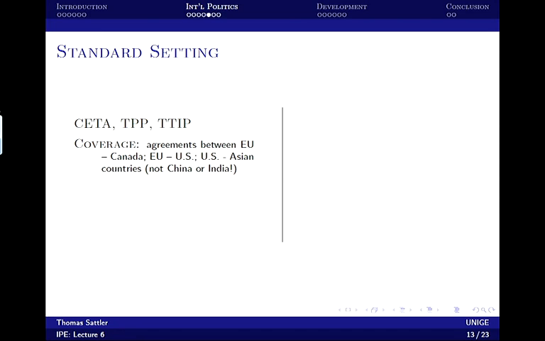The first one is actually being concluded and probably will enter into force, but the second and the third have actually collapsed, or Trump said he stopped them. So he ended the negotiations on TPP and on TTIP. But what's important here is these are mega regional agreements.